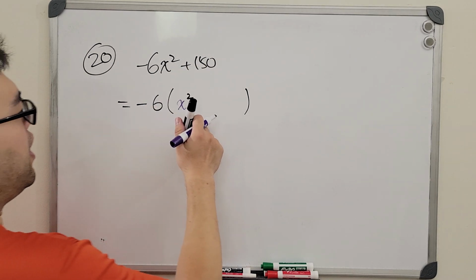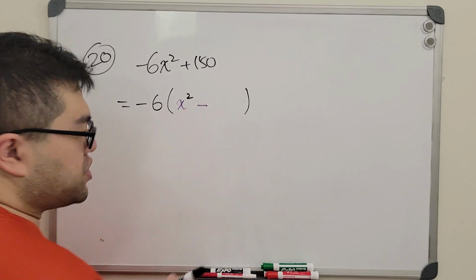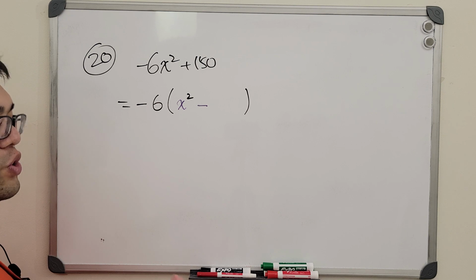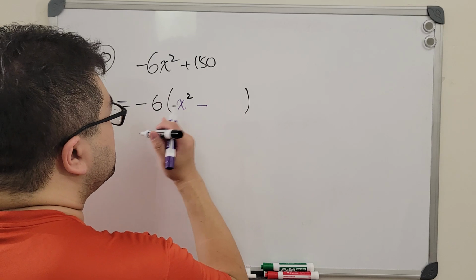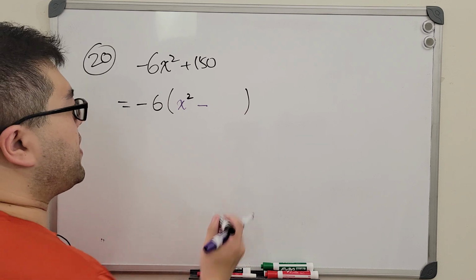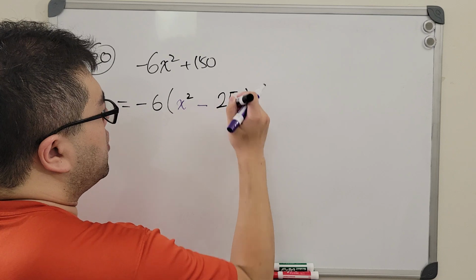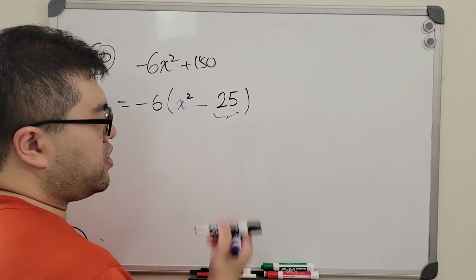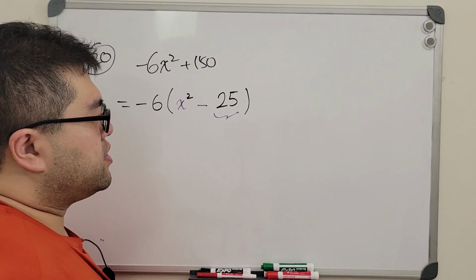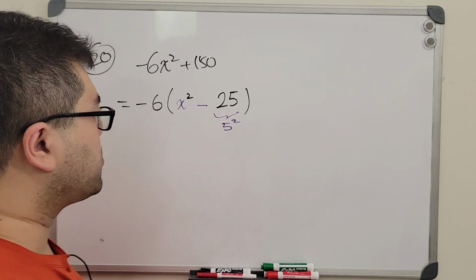With the sign change here, we actually end up with a negative, which is what we hope for in order to use the formula. Then after factoring out 6, we have 150 divided by 6, which is just 25. But what is 25? 25 is in fact a perfect square, the square of 5. So we will rewrite it as 5 squared.